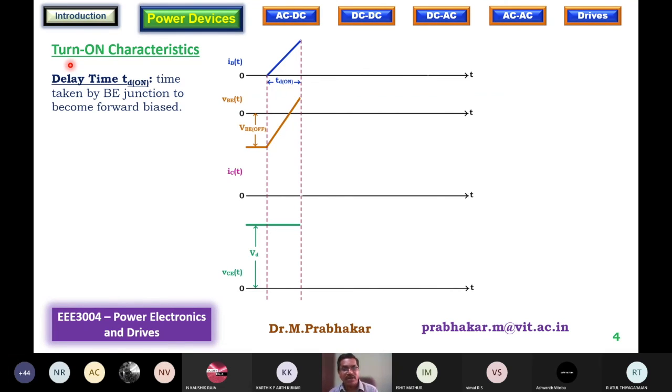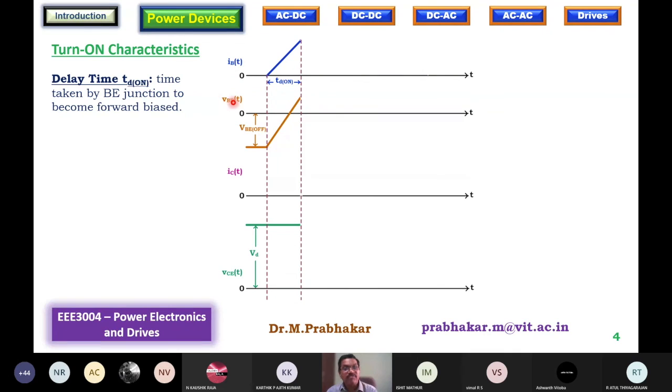Base is the control terminal. Base current is the control variable. Collector and emitter are the power terminals. So the characteristics will have the control variable and the power variable. The control variable is base current, but base current depends on the base emitter voltage that is applied.